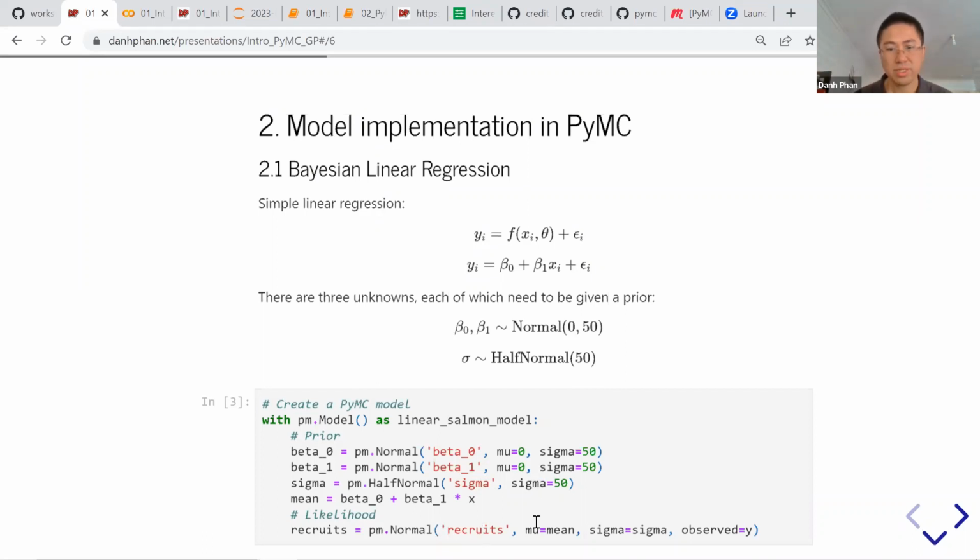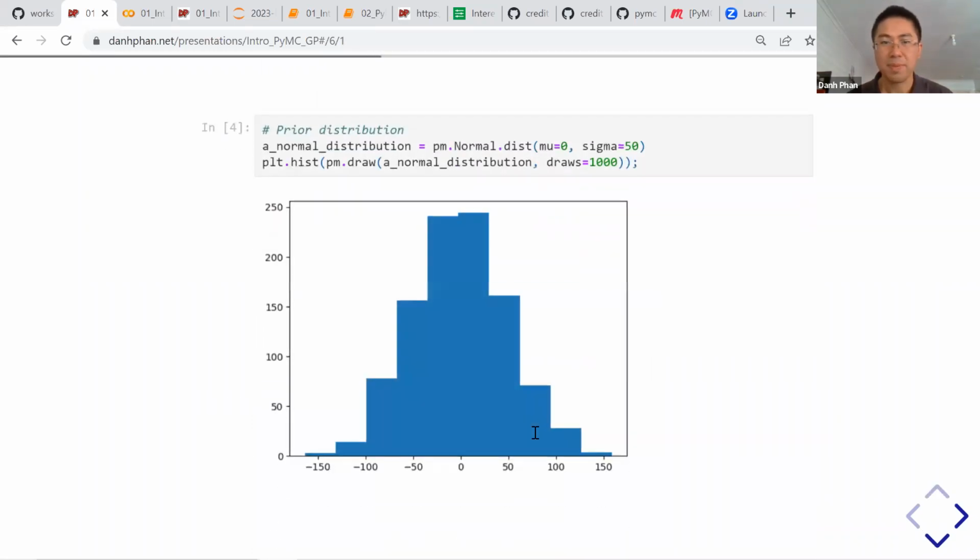The likelihood uses our mean function, which is equal to this equation, and then we have a sigma for the error term, and then we specify our observations. So that is all we need to do. After that, let's have a look at the prior before we see the data.